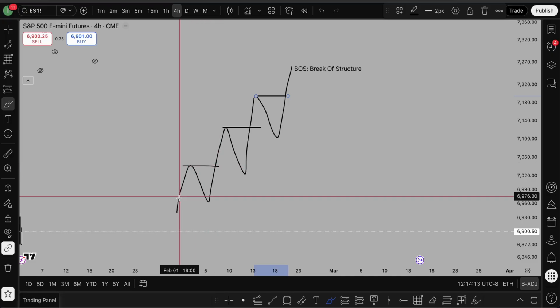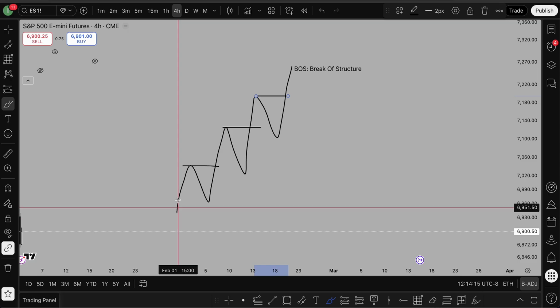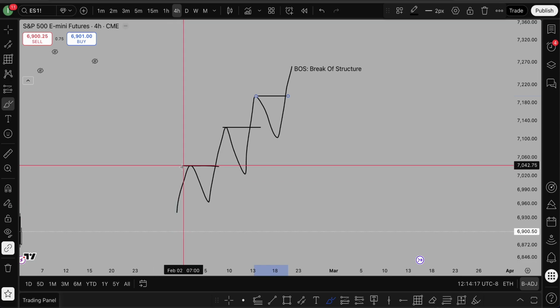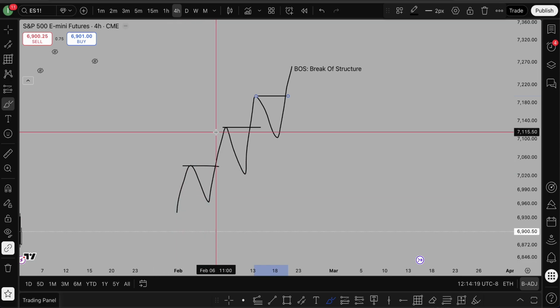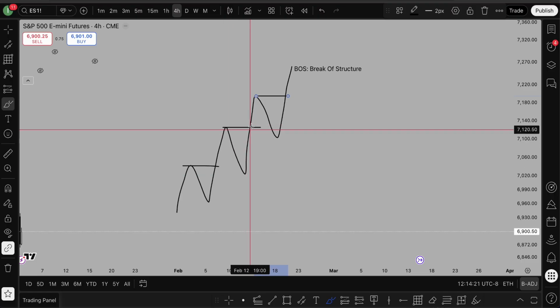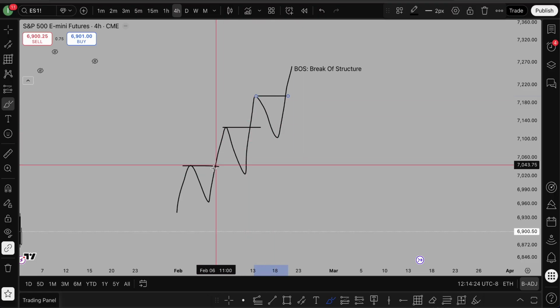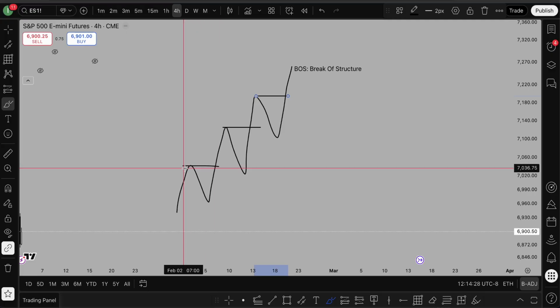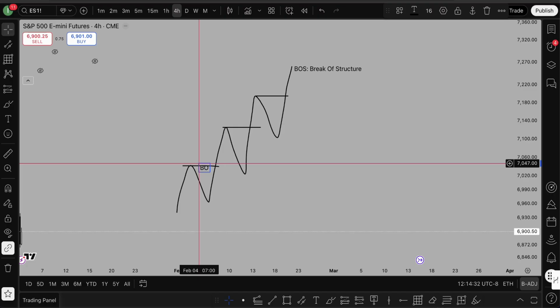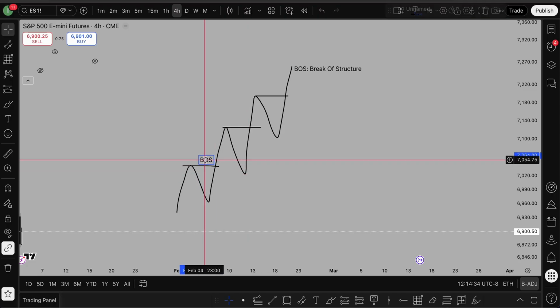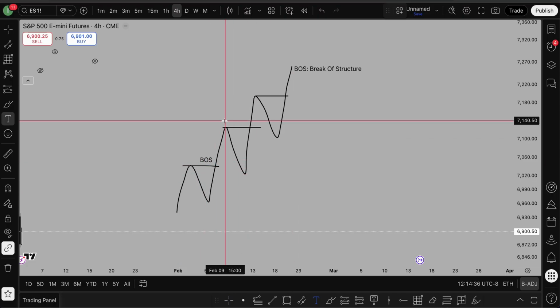So on a trend upwards, on a bullish trend, we create a high, a low, a higher high, a higher low, higher high, higher low, okay? Every time that we break through this level here, the high, that is your break of structure. Okay, boom, right there. Then we do it again right here.